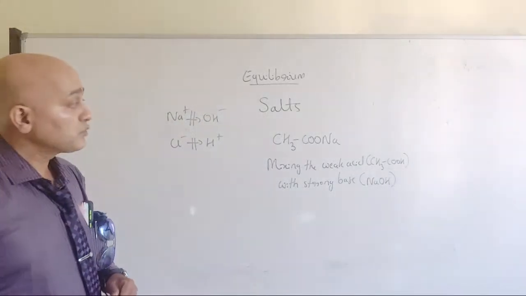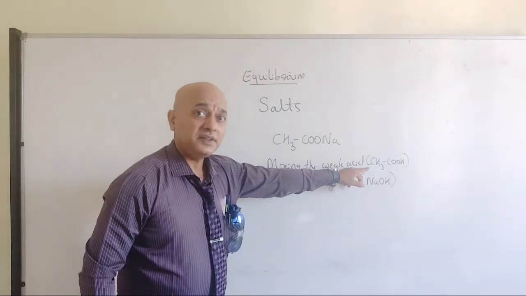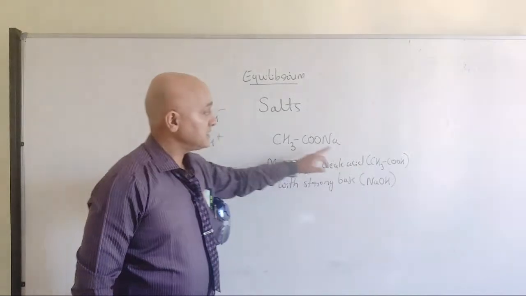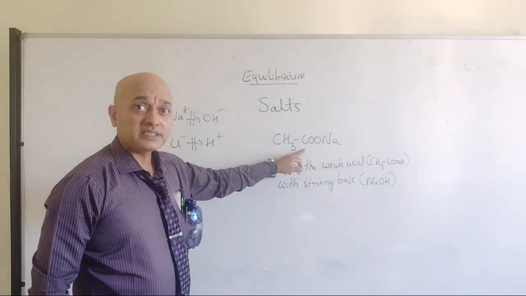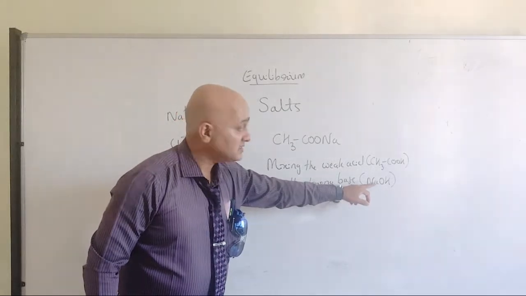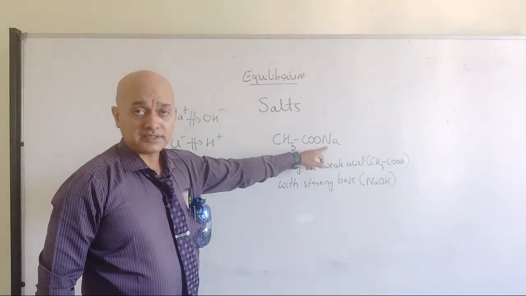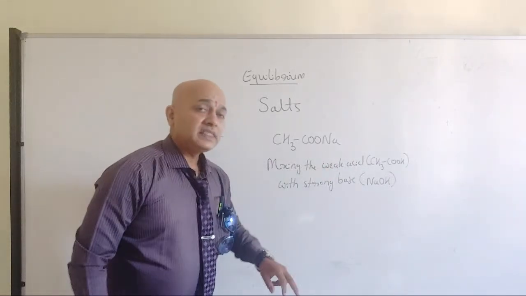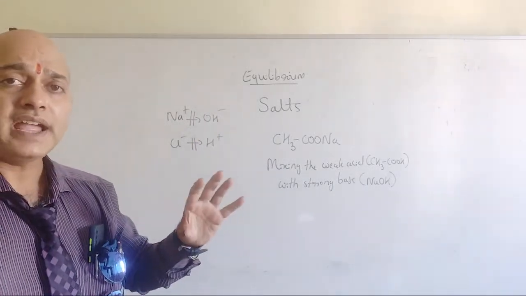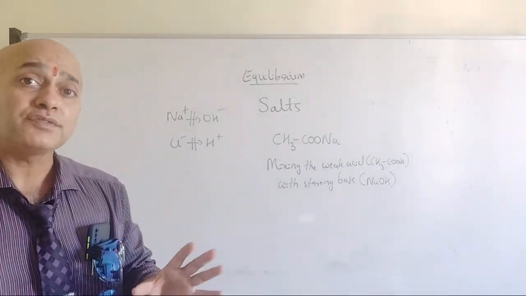Right? So what I mean to tell you is, why is acetic acid a weak acid? Because its conjugate base, acetate ion, is a strong base. So that means we have this strong base here. Why is sodium hydroxide a strong base? Because it is having a weak conjugate acid, that is Na+. Fine? Now can you tell me, if I add sodium acetate to the water, what will happen to the pH of the water?